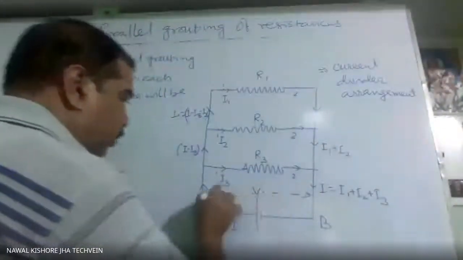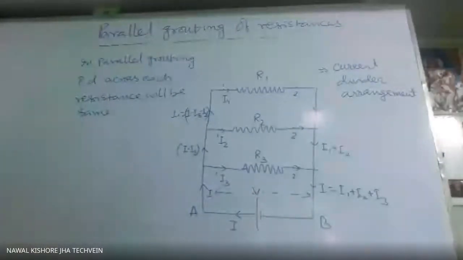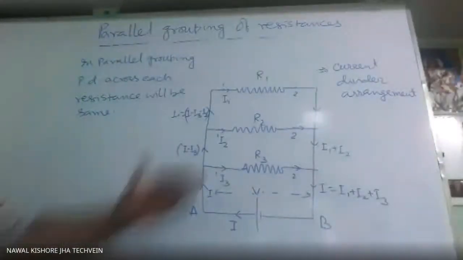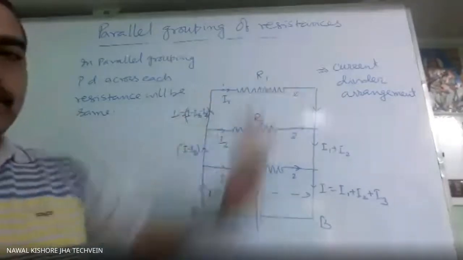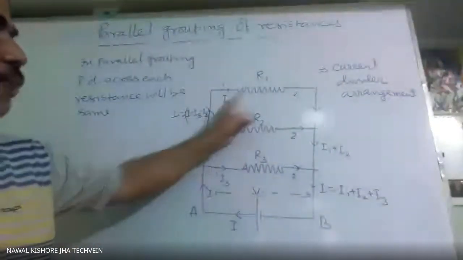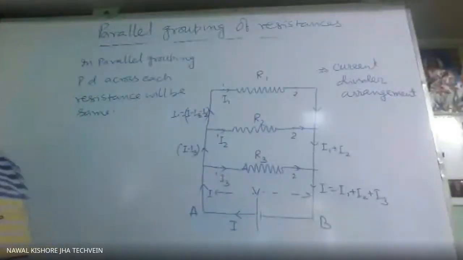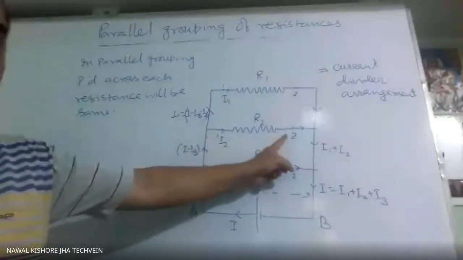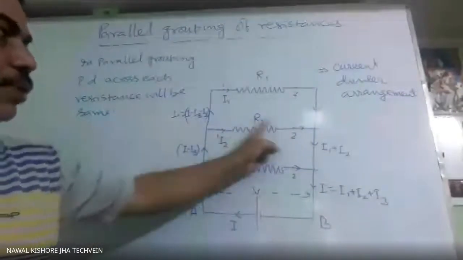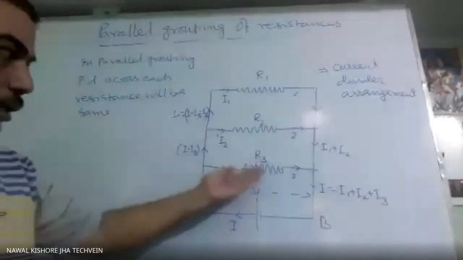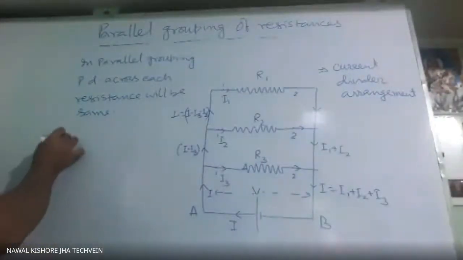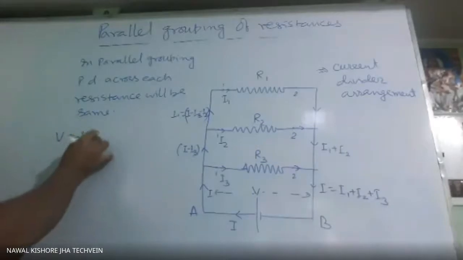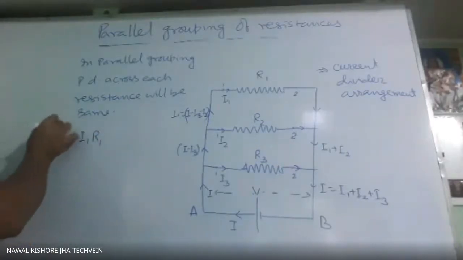So suppose this is the potential difference between A and B, or the terminal voltage of the source. Now, as we know, V is IR. Potential difference across this, V equals I1 into R1. Across this, again V will be I2 into R2, and this also I3 into R3.